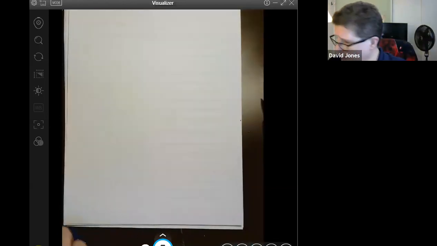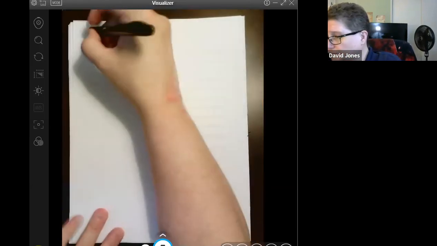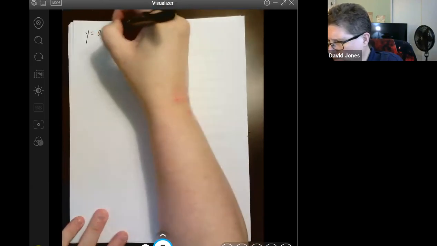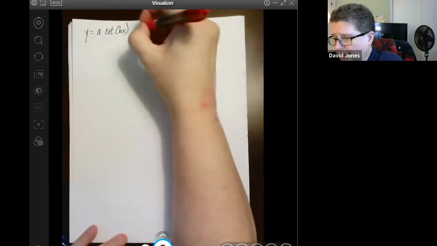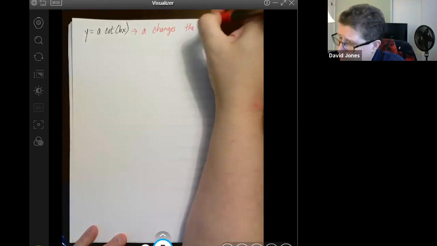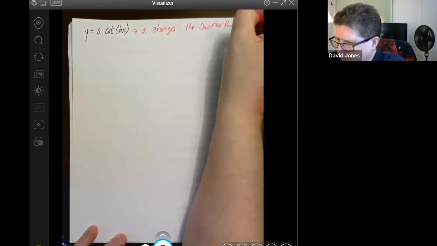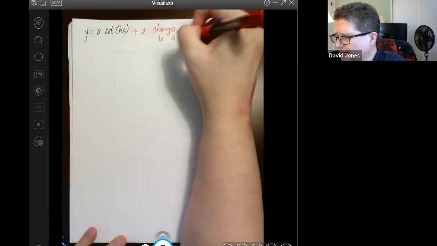All right. So we've got y equals a cotangent of x, or a cotangent of bx. Again, a changes the quarter points to a and negative a.